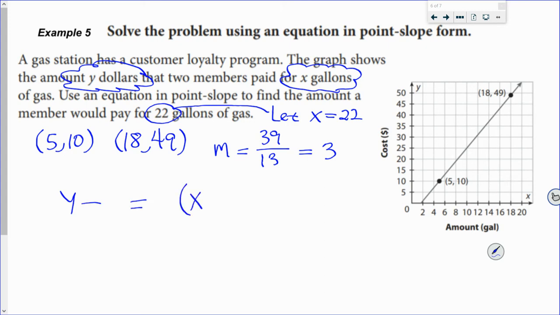So to write the equation, I'm just going to write down y minus, and I need to put a y value down. That one would be 10 here. My slope is 3, and my x value is 5.